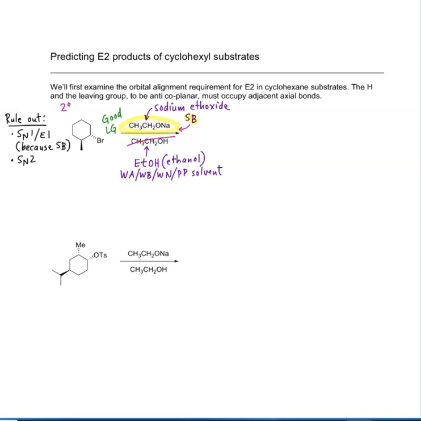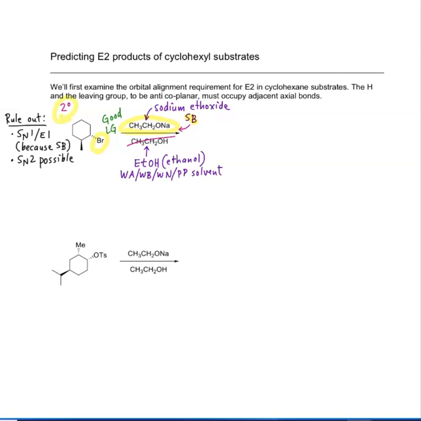Can we rule that out? Actually, we can't. We have a secondary substrate. We have a good leaving group. The substrate is only moderately hindered. And so SN2 is possible. But in this question, we're looking at the E2 pathway, so we're just going to focus on that.